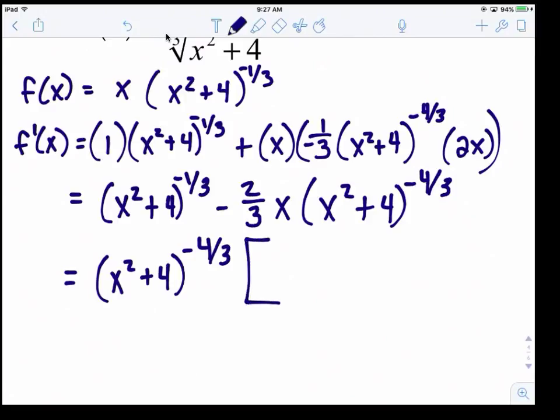All right, so what would you have to multiply x squared plus 4 to the negative 4/3 to get negative 1/3 as your exponent? Not negative 1. Positive 1, right? Because if you do positive 1, which is 3/3, and you multiply the two together, you're adding 3/3 here, which will give you that. So you want it to the first power.